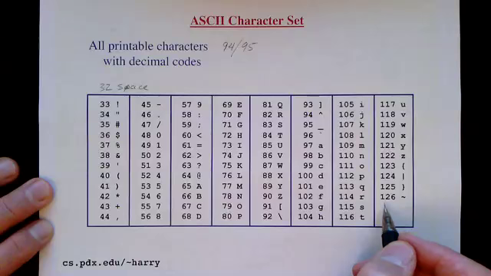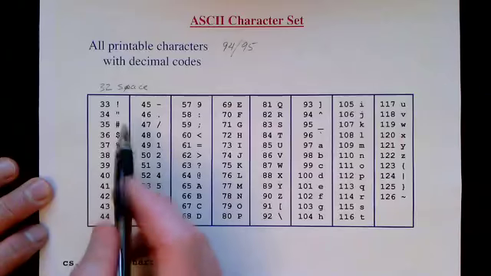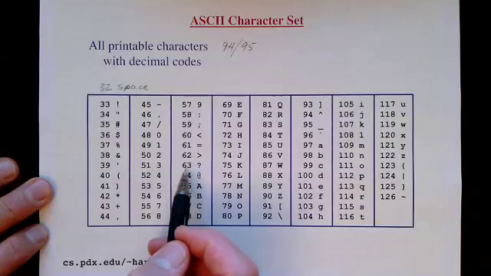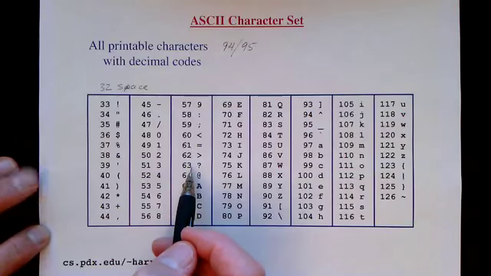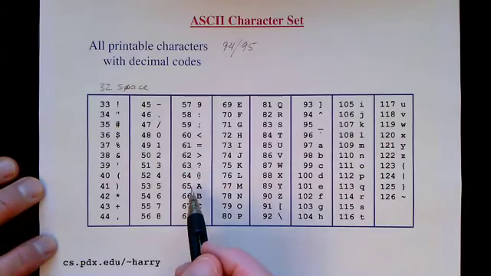They go all the way up to 126. Remember that 127 is the delete key, or the delete character. So again, we're showing each ASCII character, for example, the question mark, and the decimal number equivalent of this character. So each character has a numerical equivalent.